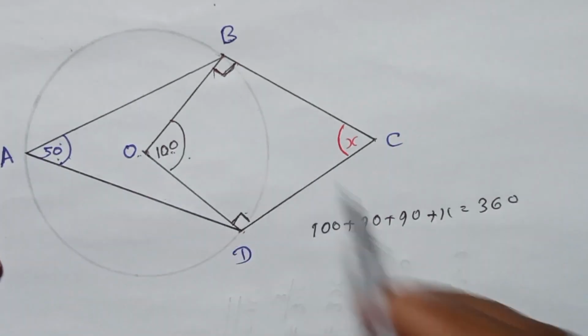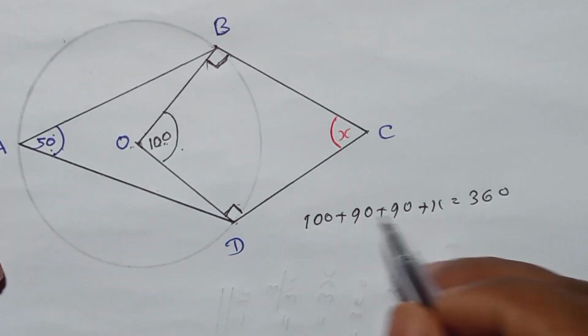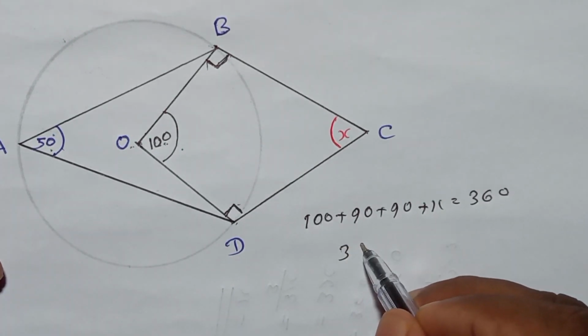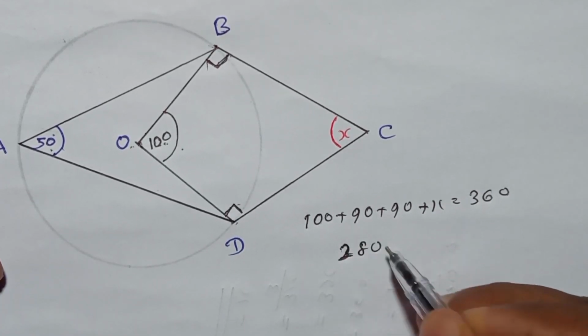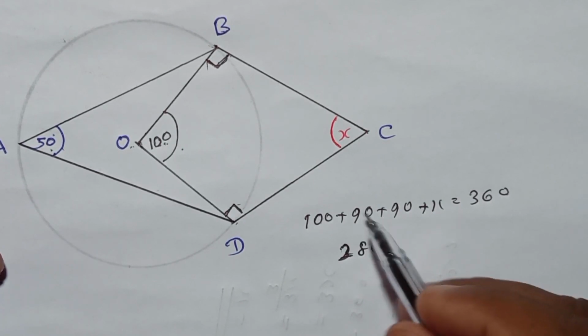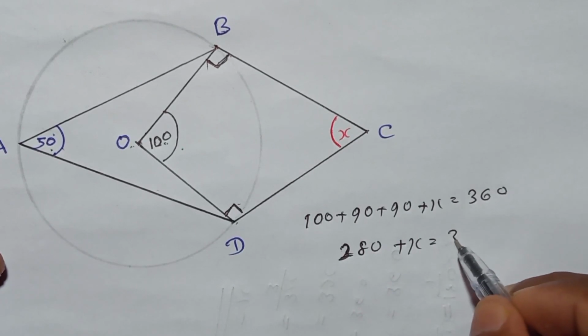In a quadrilateral, the interior angles add up to 360. So here 100 plus 90 plus 90 will be 280, right? 90 plus 90 is 180, 180 plus 100 means 280, plus X equals 360, right?